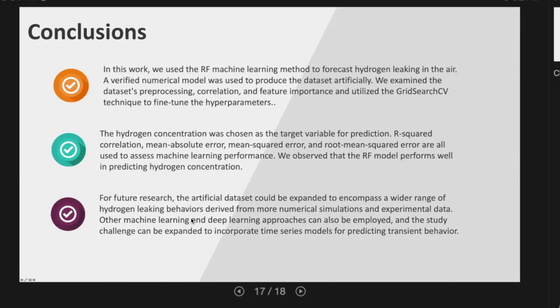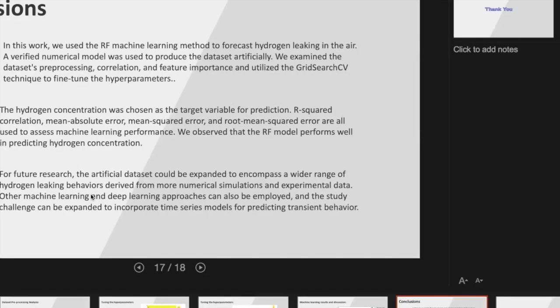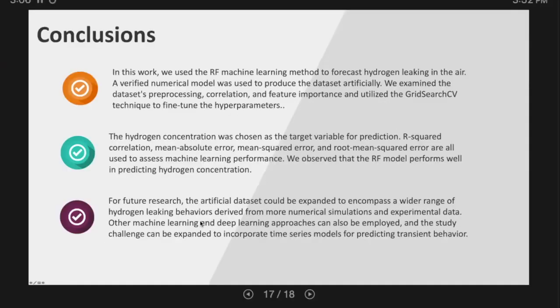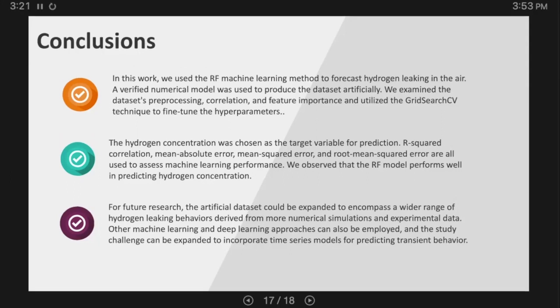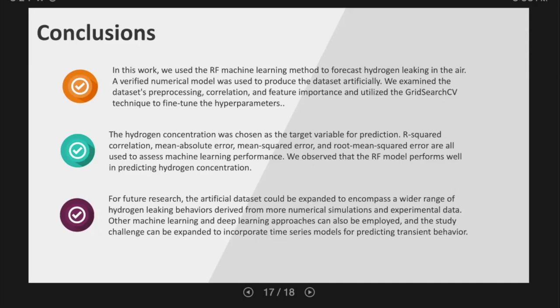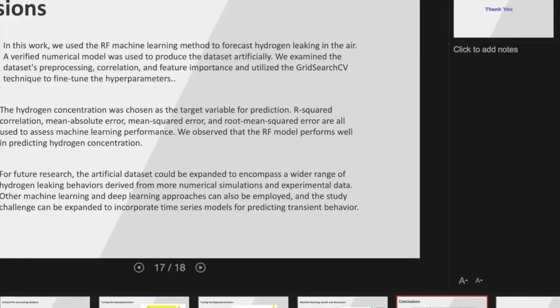So in future work, we'll use a larger data set and different data sets also by simulating different scenarios and try to combine numerical simulation and machine learning prediction to have full scenarios of hydrogen leakage in air. Thank you very much.